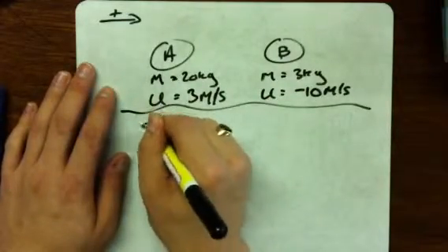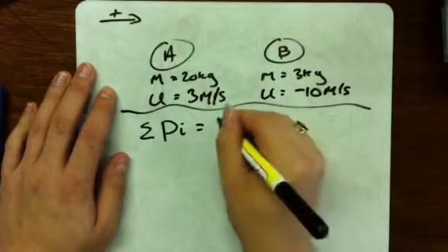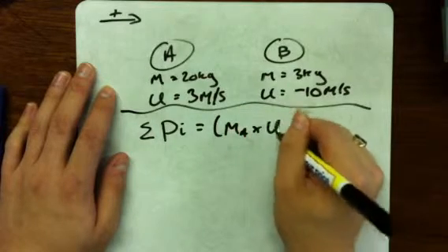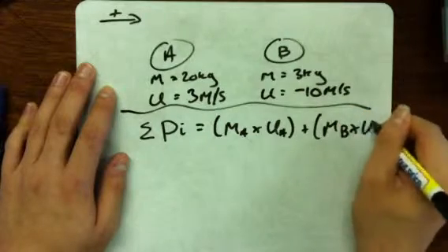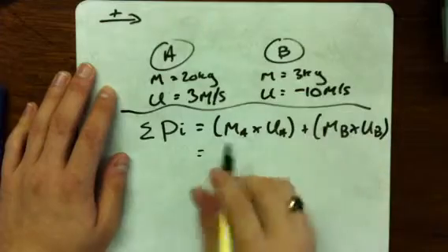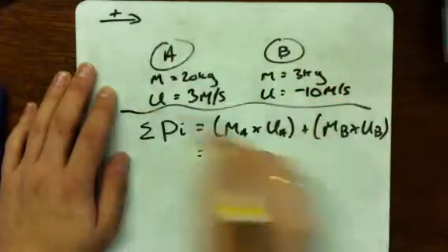We first need to find the total initial momentum, which will be equal to the mass of A times the initial velocity of A, plus the mass of B times the initial velocity of B. This is using p equals mv. We're just doing this momentum plus this momentum to get the total momentum.